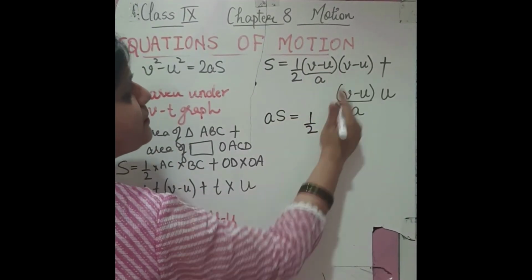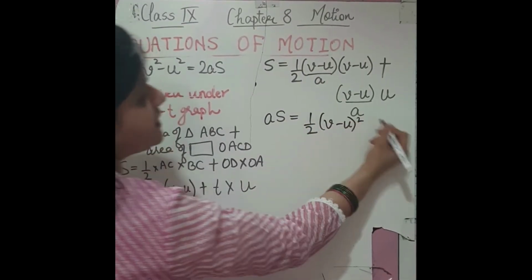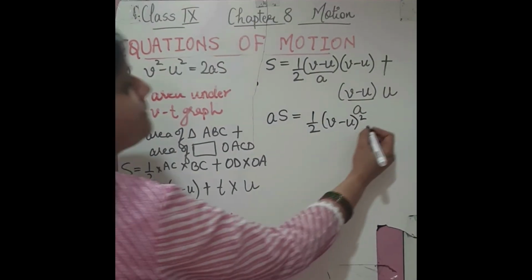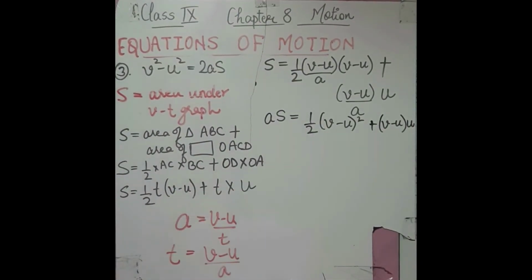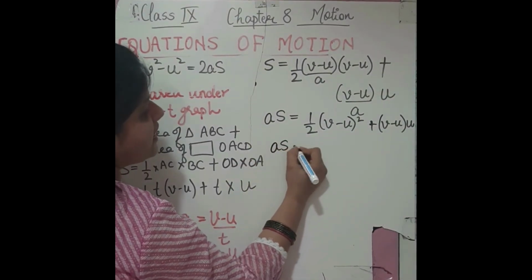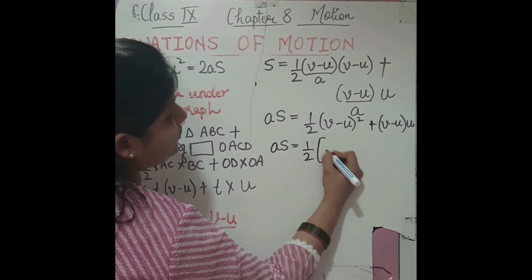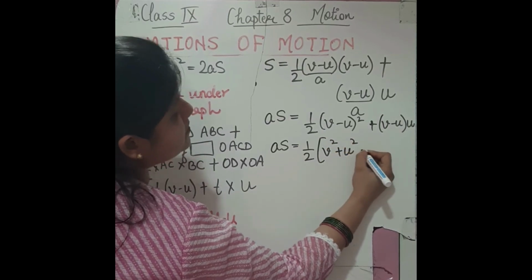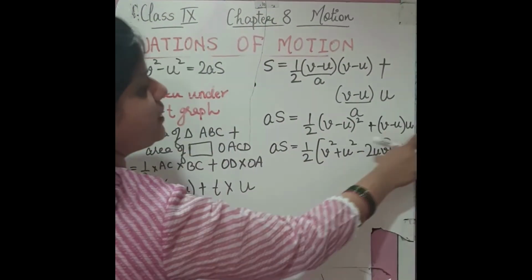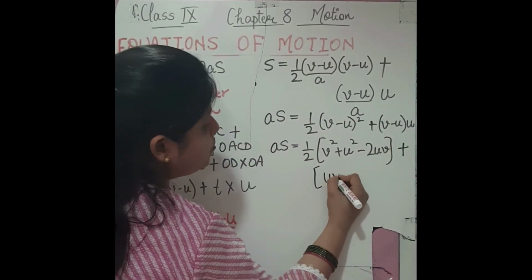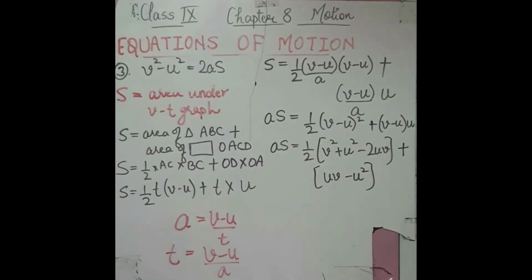Now V minus U appears twice, so V minus U square, plus V minus U into U. Now we can use the formula A minus B whole square, which is A square plus B square minus 2AB. So let's do it. So AS is equal to half A square plus B square minus 2AB. Plus, we will open this bracket also. So we get UV minus U square.